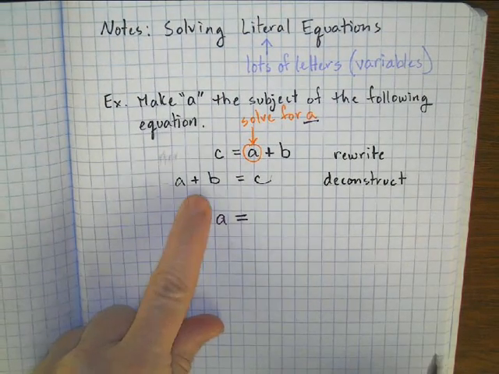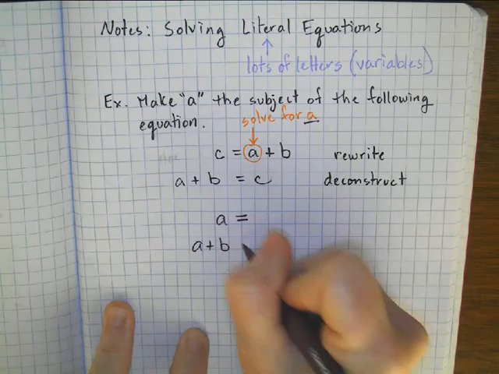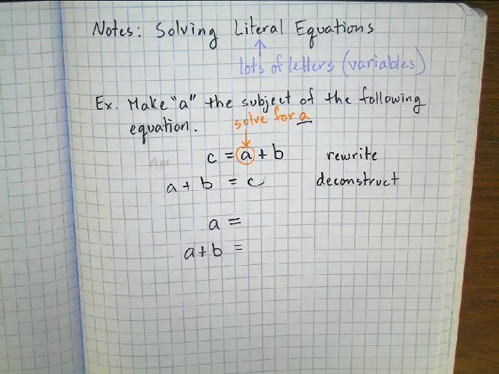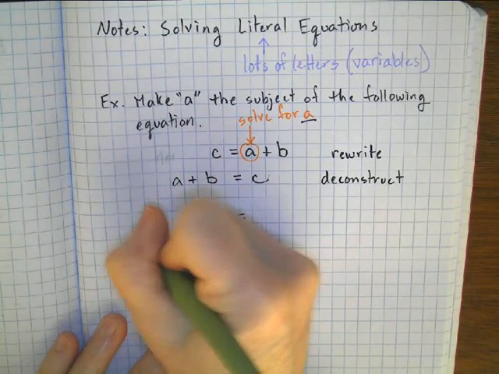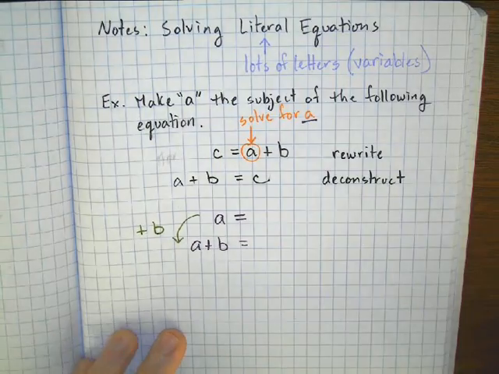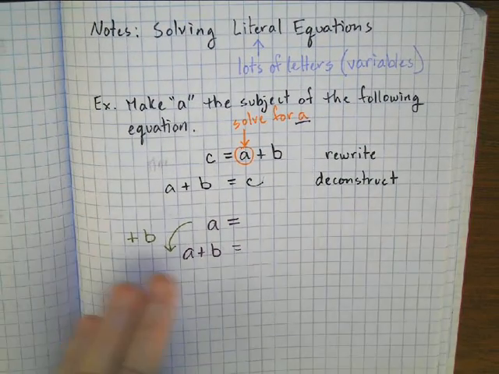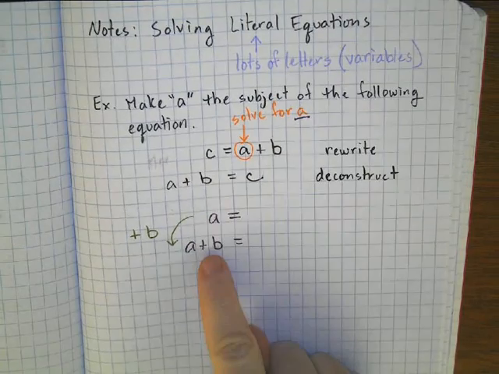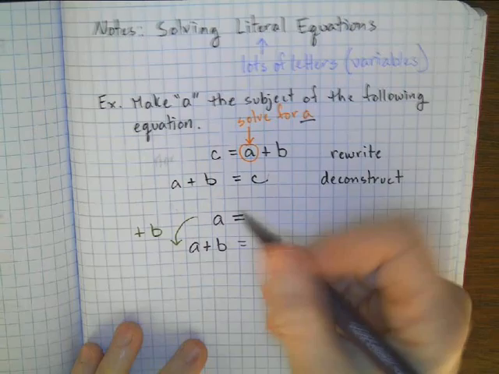A is being added by B. B is some number that we don't know, and that's fine. We can write plus B. And the whole thing equals C.